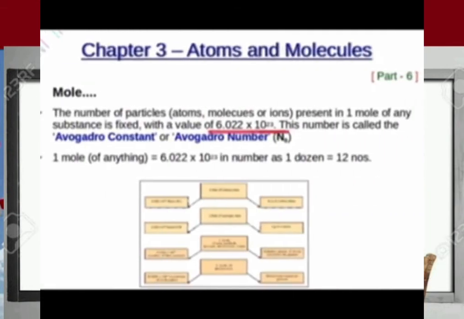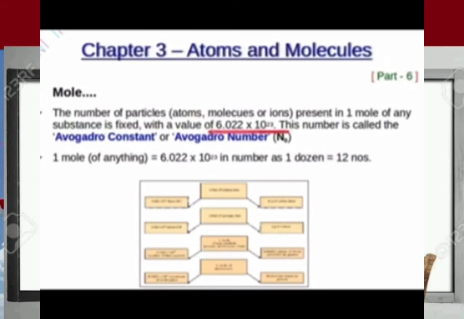So in the case of a mole, the number of particles, meaning atoms, molecules or ions, present in 1 mole is a fixed value. The fixed value is 6.022 into 10 raised to 23. This number is called the Avogadro constant or Avogadro number.